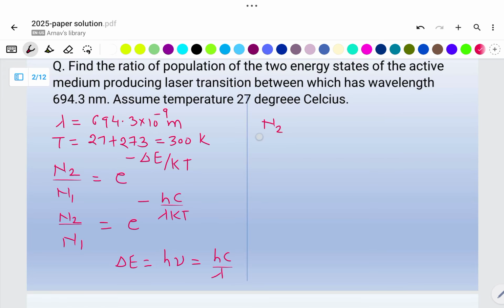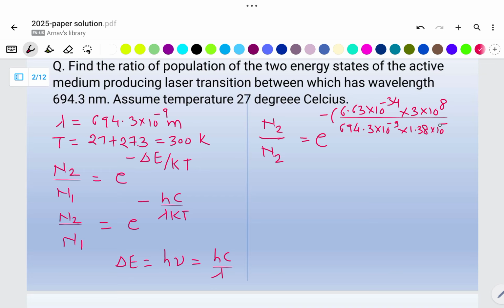When we substitute, we'll get e raised to minus 6.63 into 10 to the minus 34 into 3 into 10 to the 8, divided by the wavelength, which is 694.3 into 10 to the minus 9, times K, which is 1.38 into 10 to the minus 23, and the temperature is 300.